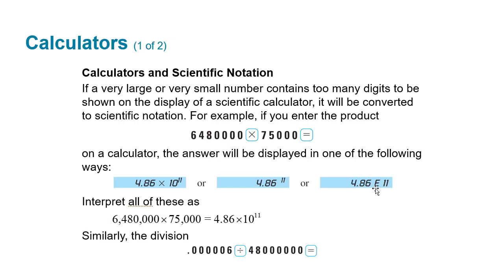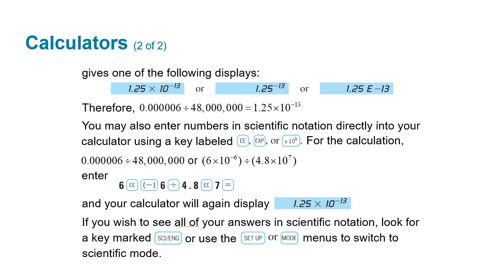And you're like, what the heck is e? Well, E just means that's 10 to the power of 11. E just means it's in scientific notation. So that way you can always get your answer in scientific notation easily from the calculator. Again, if you got a negative answer, it would just say e to the negative 13.